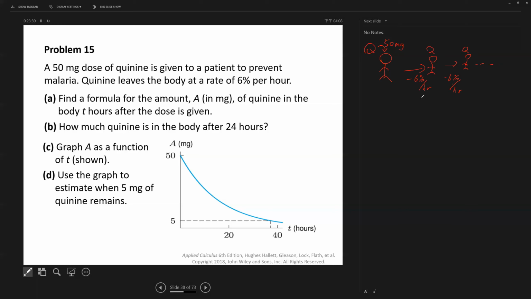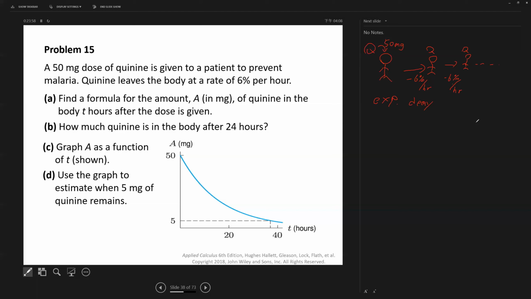All right, so if I'm losing a fixed percentage per hour, is that an exponential decay or a linear decay? That's right. If we are looking at a fixed percentage, that means this is an exponential decay. Another way that you can know this is exponential decay is that this section is called exponential function.